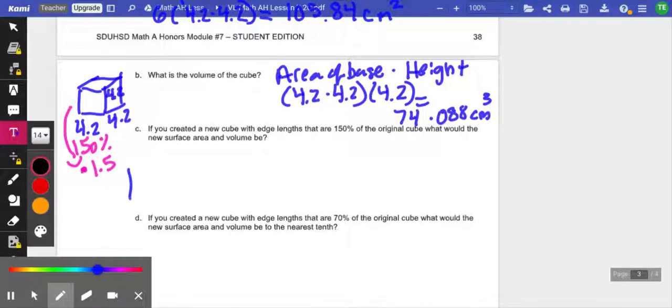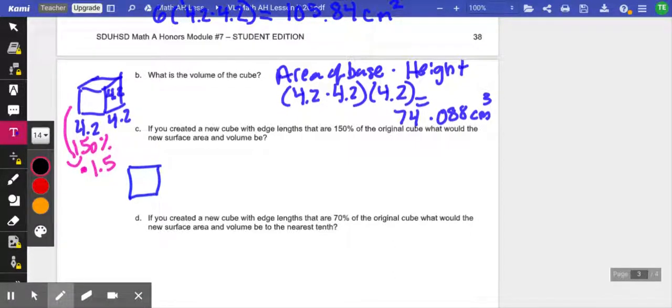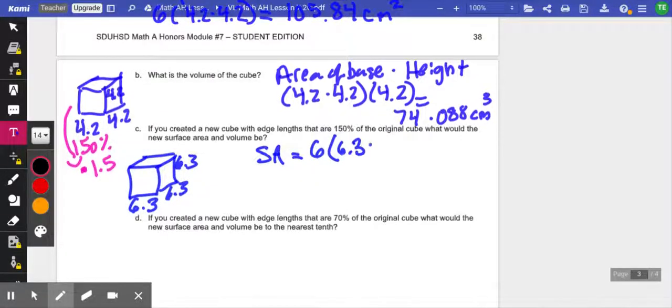So now my new cube, 4.2 times 1.5 is 6.3. All of these are 6.3. Okay, so for the surface area, I had 6 squares, and each of the squares was 6.3 times 6.3.